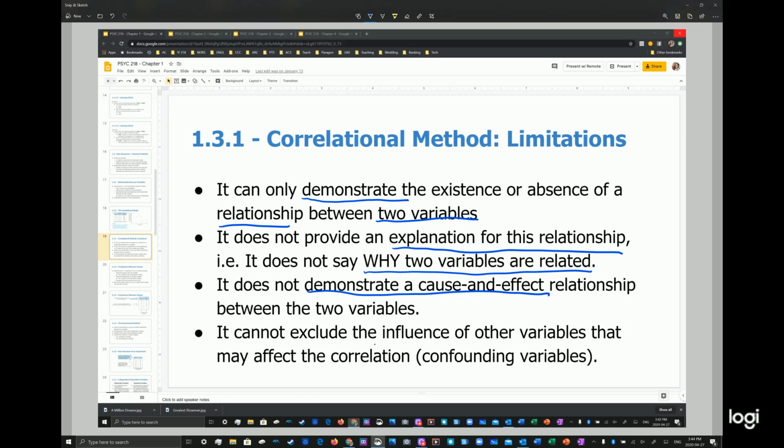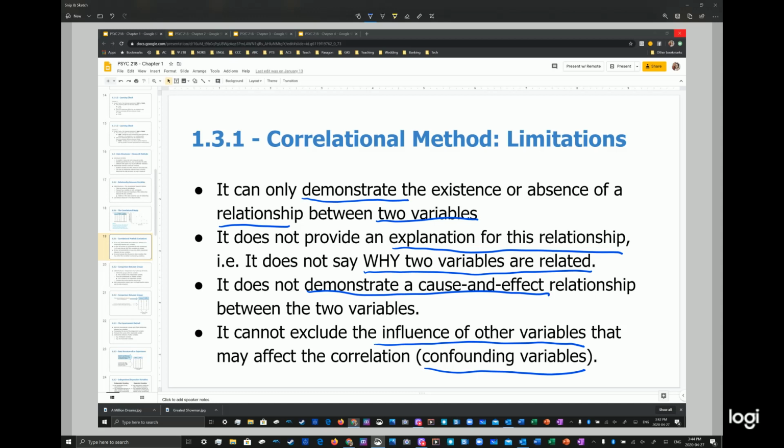Therefore, we cannot exclude other things that might influence what they tell us. For example, the person who has spent more time awake might be working, or the person who has spent more time sleeping or not awake could be doing other things, or that person might not be reporting, and there could be individual differences. So these would be confounding variables.